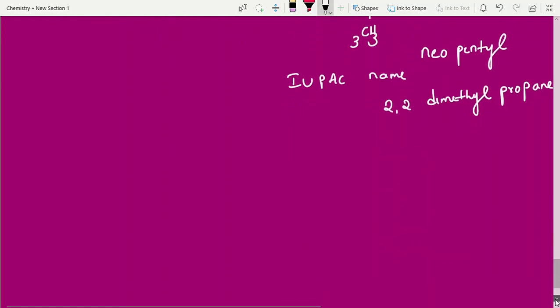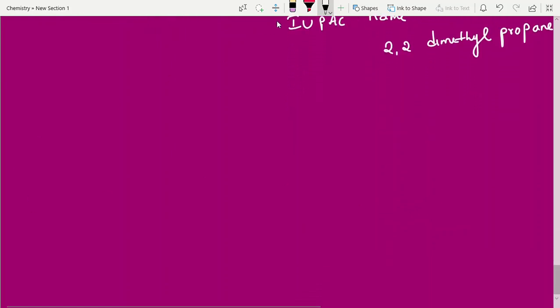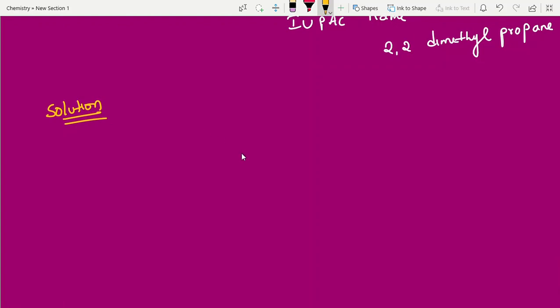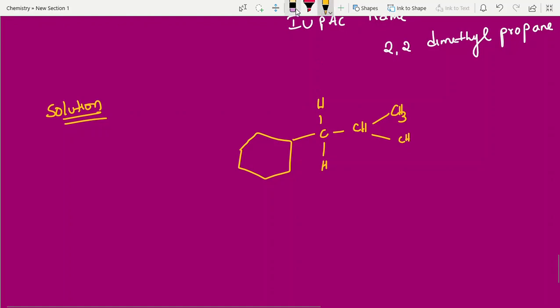Okay, students. Now, in the previous video, I asked one question: calculation of the number of primary carbon atoms, secondary carbon atoms, tertiary carbon atoms, and hydrogens also. For that, I am giving the solution. Solution for the previous video question. Expanded form I am writing. Here it is better to write the expanded form.